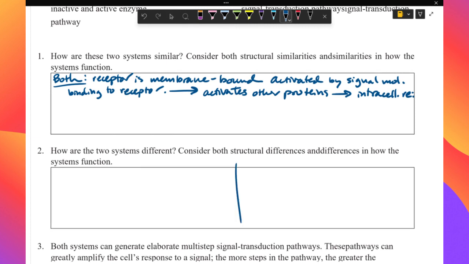So how do I want to organize this information here? Let's just split it down the middle. We've got G protein, and we've got TK receptor on the right.